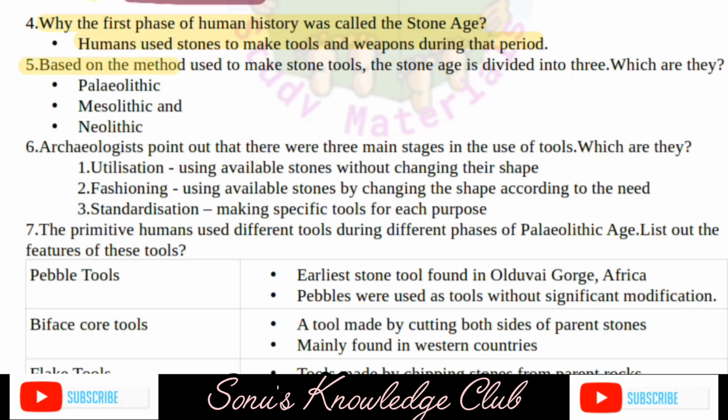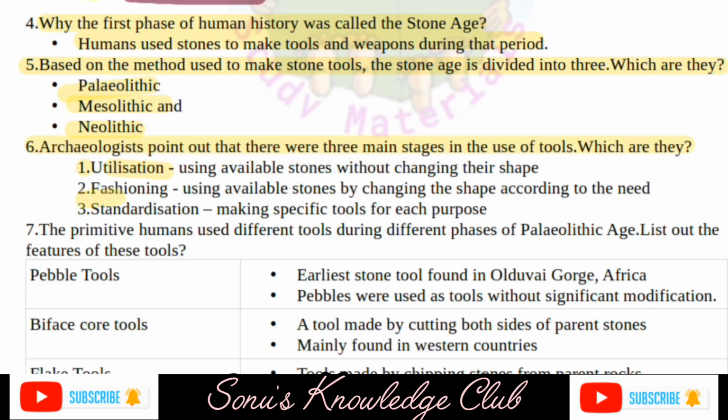Based on the method used to make stone tools, the Stone Age can be divided into three. Which are they? Paleolithic Age, Mesolithic Age, and Neolithic Age. Archaeologists point out that there were three main stages in the use of tools. Which are they?